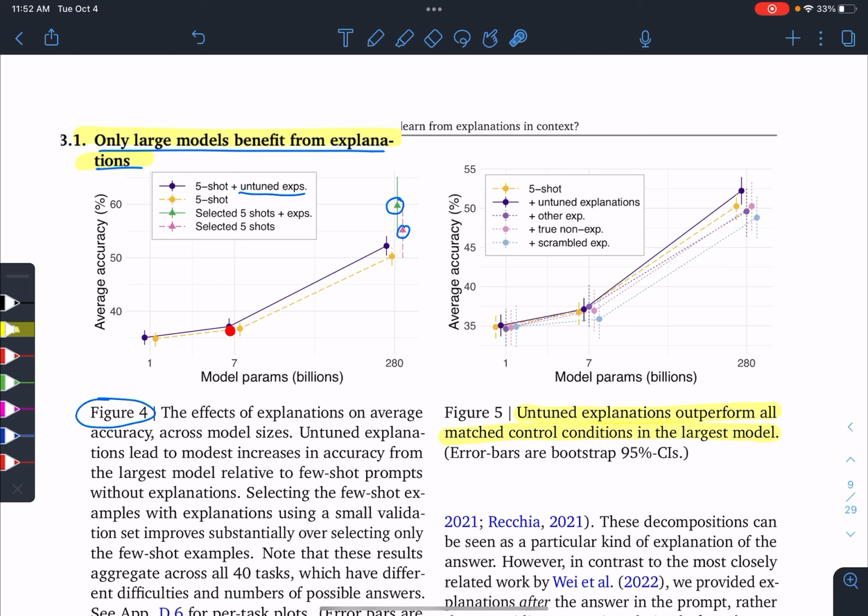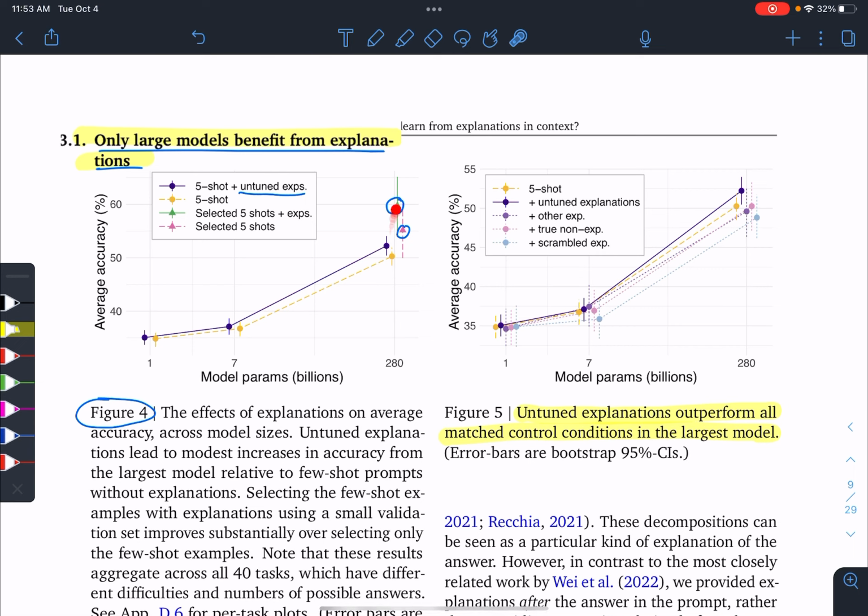So if you see here, as the model parameters grow, the difference between these two increases. So what they're saying is, for larger models, explanation plays a more major role in deciding the performance.